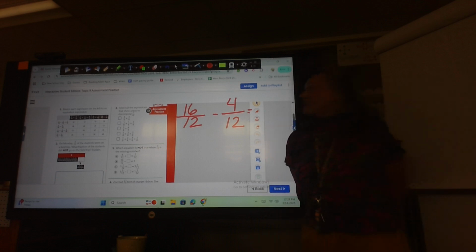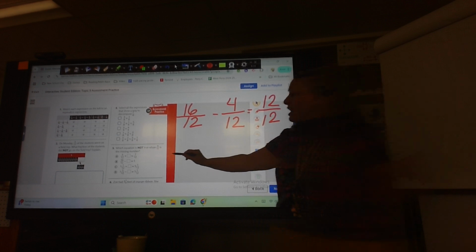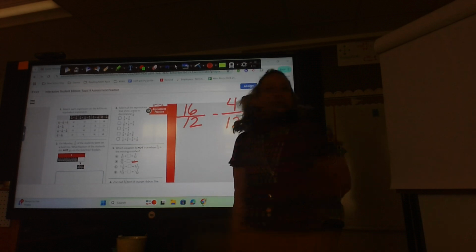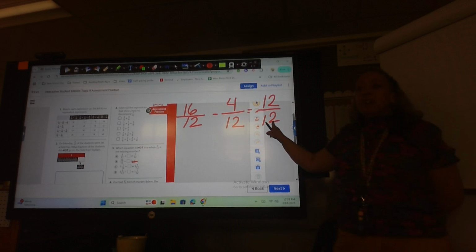Justin, what'd you get for it? What's 16 minus 4? 12. So I get 12 over 12. But this right here says that it needs to equal 1. Are we wrong?